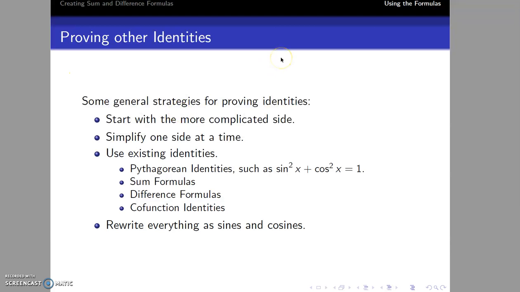For all of us, though, I want to once again remind you of our basic strategies for proving identities. Start with the harder side, the side that's meatier, there's more to work with. Start with that side. Simplify that side down as far as you can go. If it helps, write things in terms of sines and cosines. And if it helps, or if you can, use substitutions using existing identities.